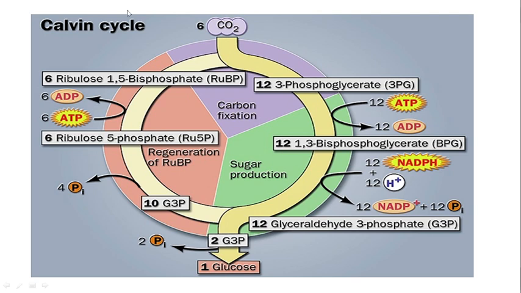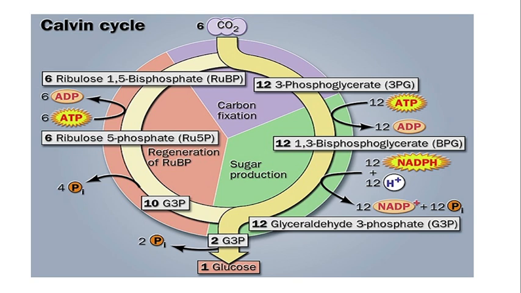So in the Calvin cycle, what we have seen is that CO2 is released from malic acid in the chloroplast of the bundle sheath. Ribulose bisphosphate is the acceptor of CO2.